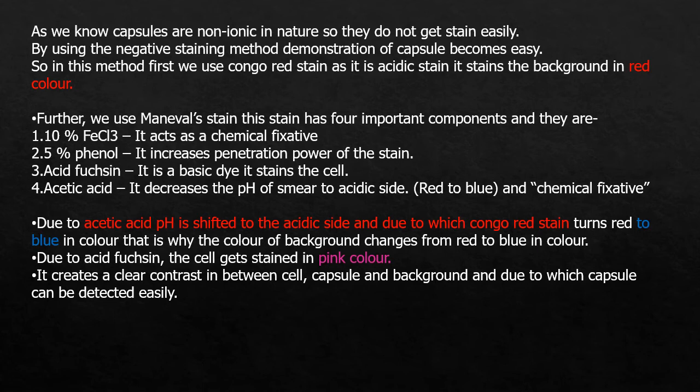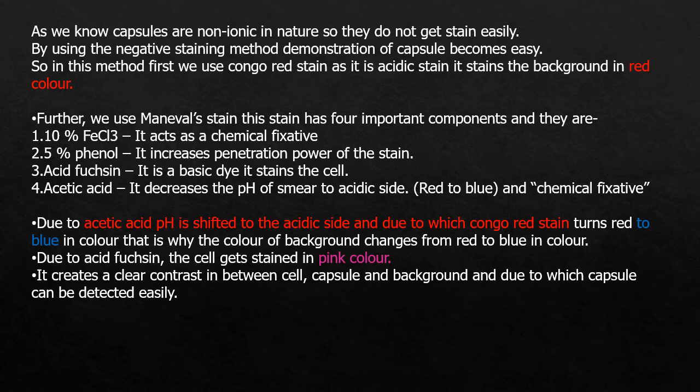We know that capsules are non-ionic in nature, so they do not get stained easily. That's why we use the negative staining method. That means we will skip staining the capsule, but we will stain the vegetative cell and background. That is negative staining.